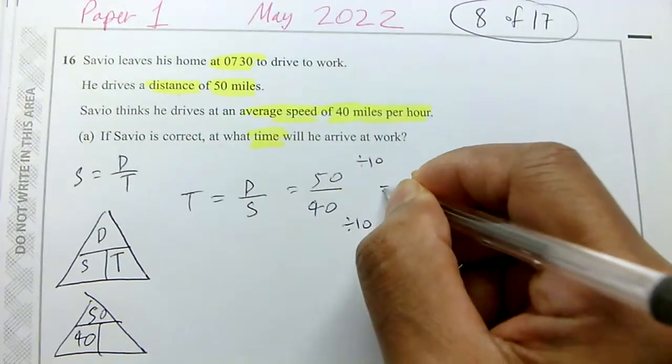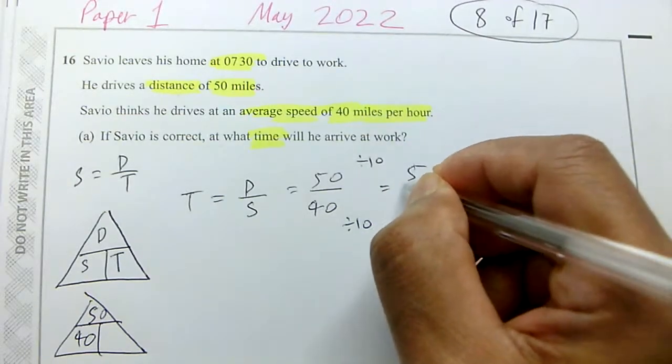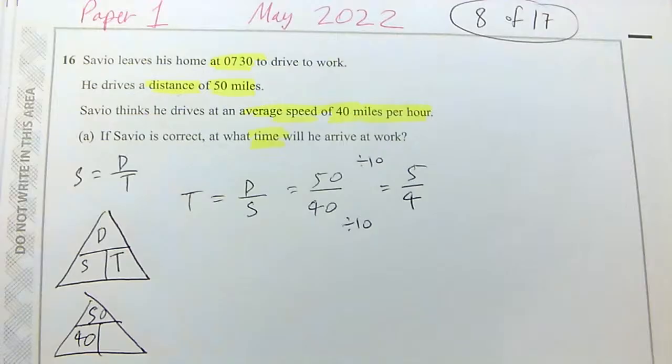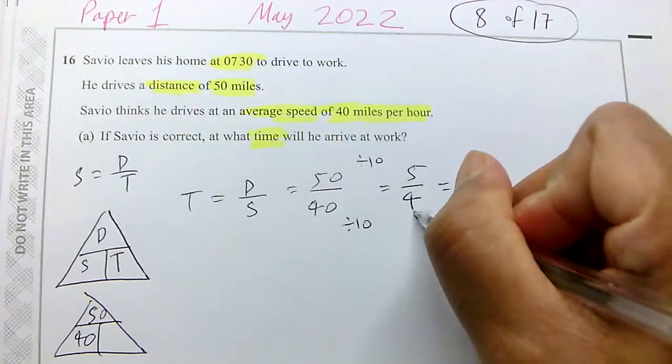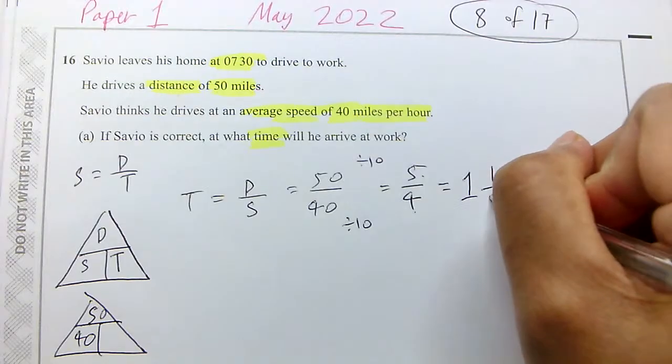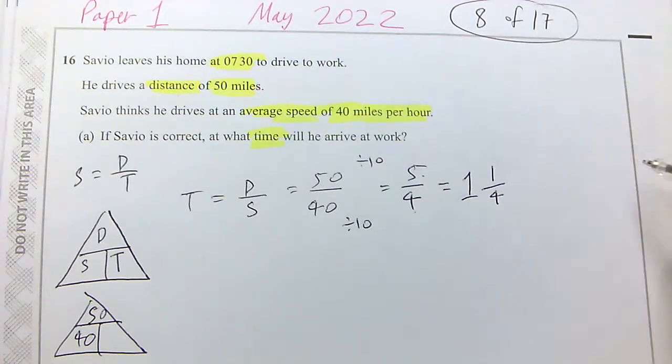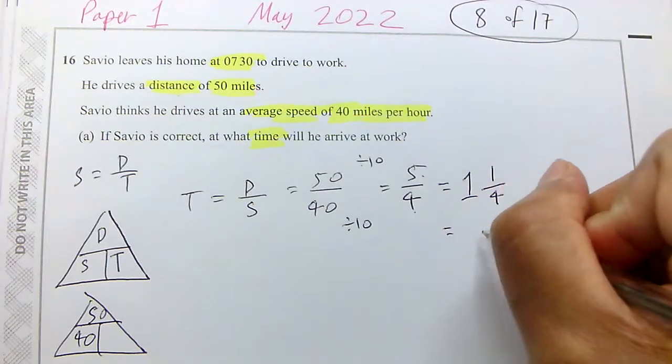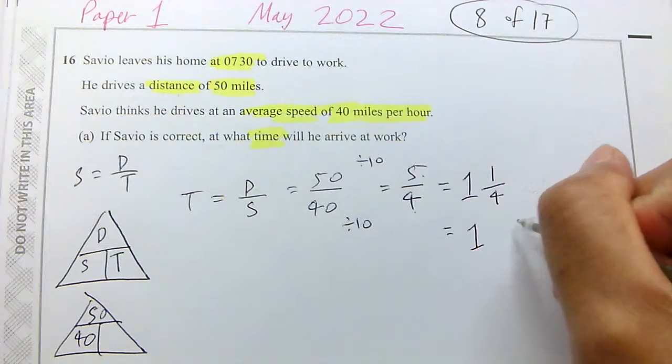Divide by 10, that gives me 5 out of 4. It's a non-calculator paper, so I can't use a calculator. How many times does 4 go into 5? It goes in once. What's my remainder? 1 out of 4. 1 out of 4 is a quarter. So that's a quarter of an hour.